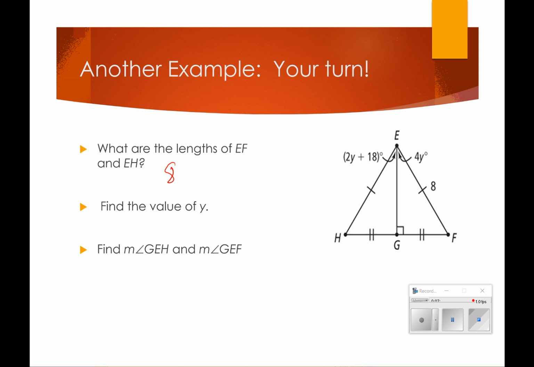We've got the hypotenuse congruent to the hypotenuse of the other, the leg congruent to the leg of the other. So by hypotenuse leg, we know that those triangles are congruent, or we could even say EG is congruent to itself by the reflexive property, so it's also congruent by side, side, side. So to find Y, all we have to do is set those equal to each other.